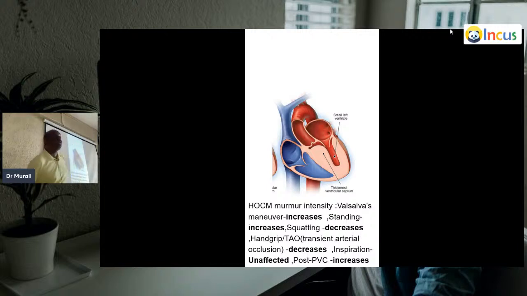If the size of the left ventricle is smaller, the touching between the interventricular septum and the mitral valve leaflet will be more. When that is more, what will happen? Obstruction is more. Murmur will be more. That's what you need to know. You remember? Don't forget.